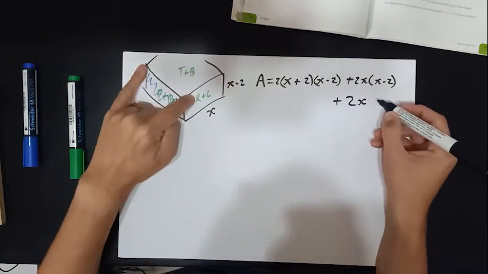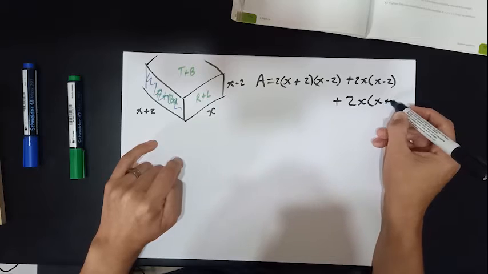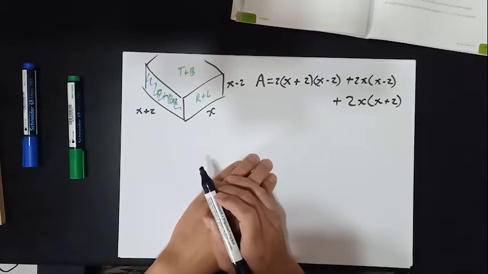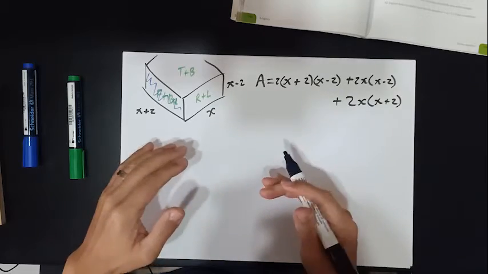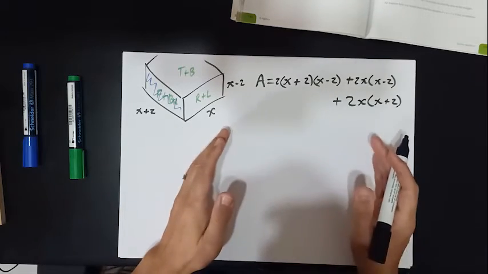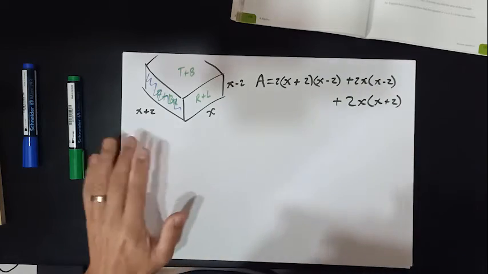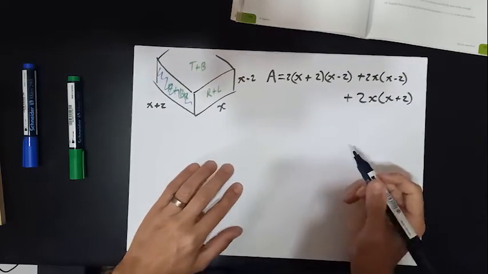So it's x times x plus 2. Whew. Expand it all out and you'll have lots of x squareds, lots of x's, and lots of numbers, and then you just go along and add them all up.